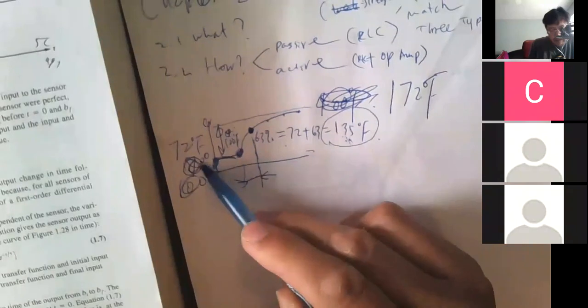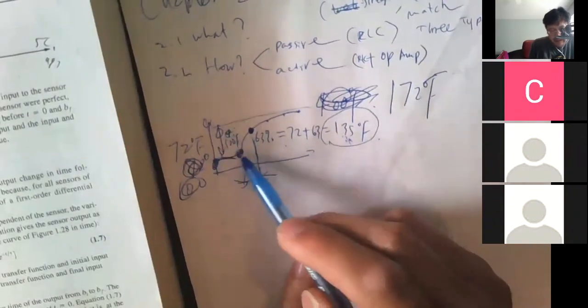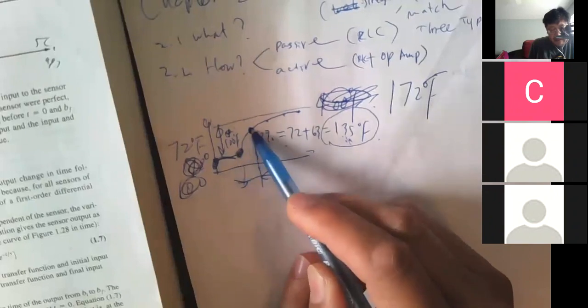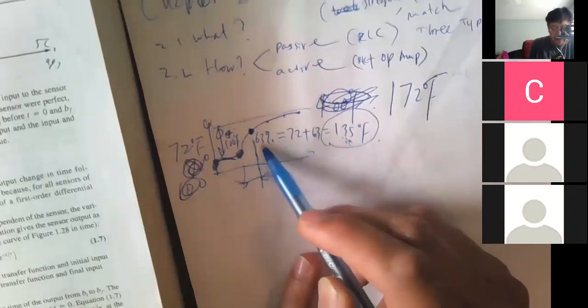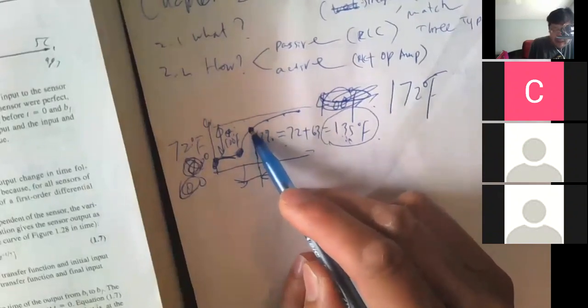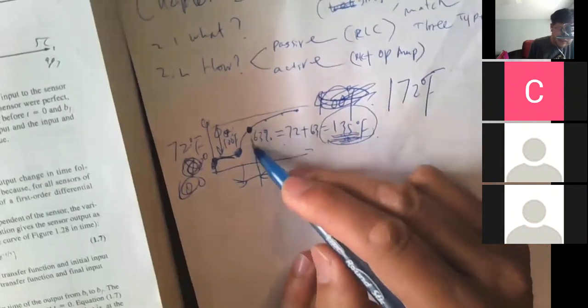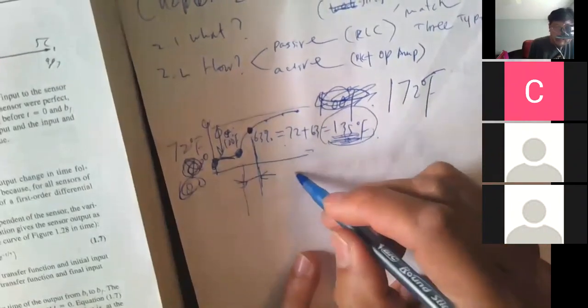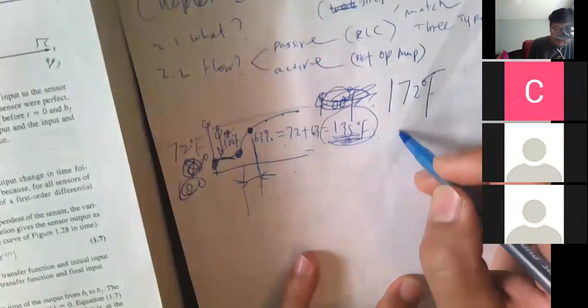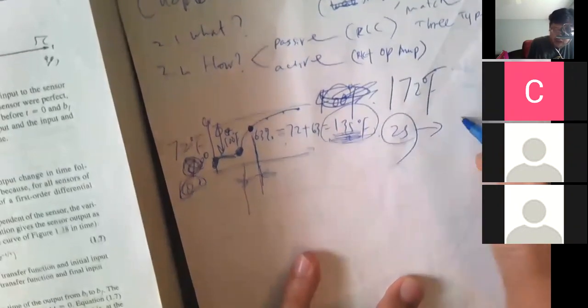You want the reading to go up 100, but now it's only 63. When the temperature reading is 135, that's 63%. That's timing. For example, if this is 2 seconds, this 2 seconds we call the time constant.